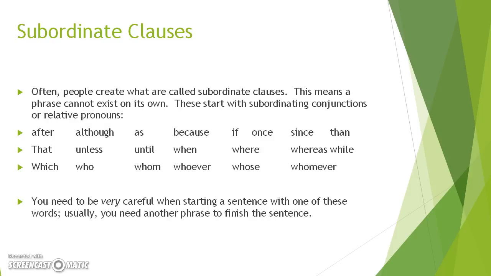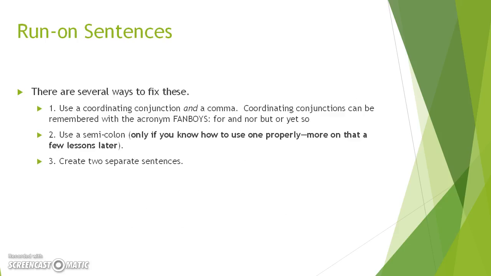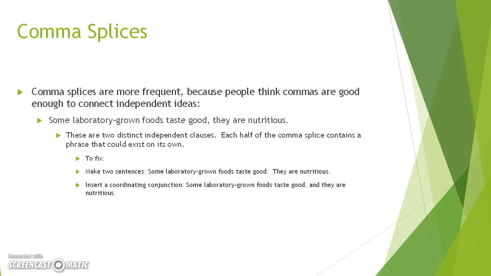And anytime you start a sentence with one of these words, you need to check, does this actually look like it's a full sentence? Because a lot of times, it's not. You also need to be aware of these comma splices. Whenever you have a long sentence that's got a comma in there somewhere, oftentimes that's a run-on sentence. So you need to make sure that you're clarifying those.